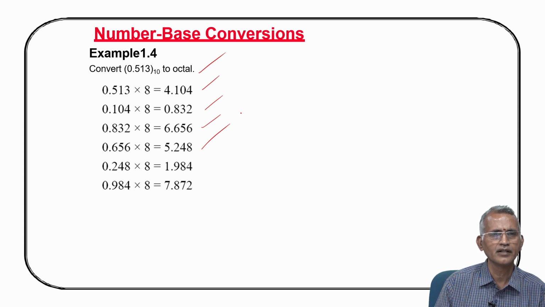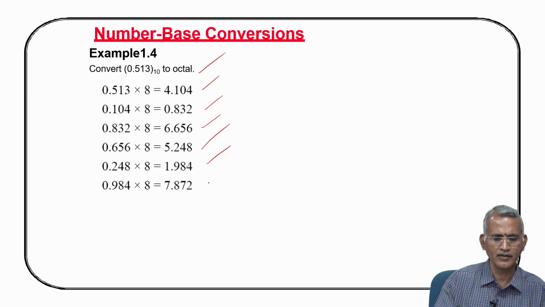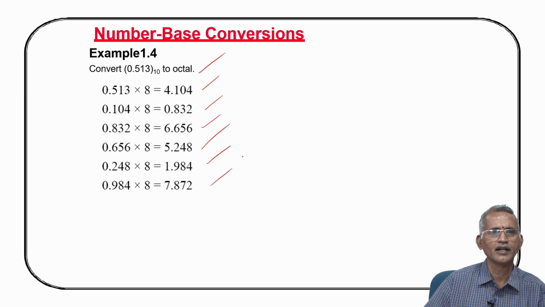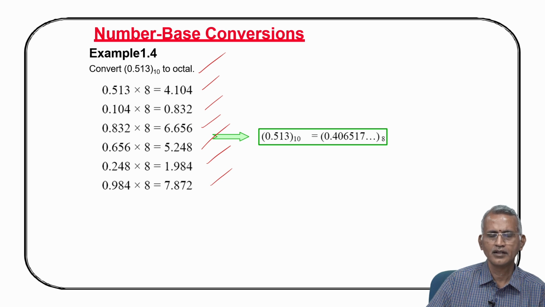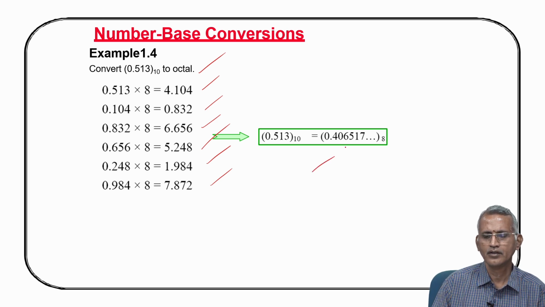Multiply with 8, so that 1.984, the integral part is 1 and the decimal part is 0.984. So 0.984 multiplied by 8 is 7.872. This way we can express the decimal part in terms of octal, so that 0.513 base 10 is equal to 0.406517 and so on, base 8.